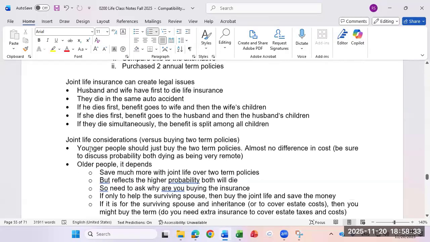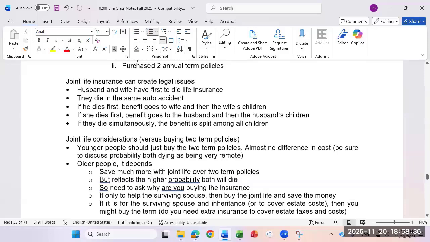Now, joint life can create issues if it's first to die, because sometimes we don't know who died first. You might say, who cares, because they have the same kids, but there are a lot of husbands and wives who have combined families, where they have their kids and the other spouse has their kids. And when the first one dies, the husband, the money actually goes to a different set of beneficiaries. So it can get complicated. You might say, well, if the husband dies first, the life insurance goes to the wife, but if the husband dies and 2 seconds later the wife dies, it's not going to go to the wife, it's going to go to the heirs.